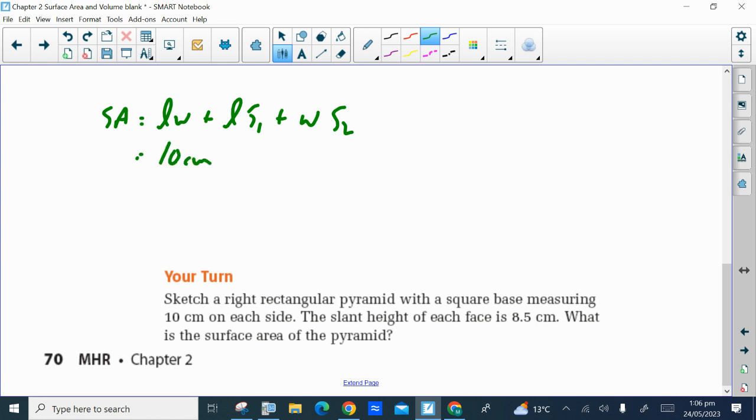So again, the base is 10 centimeters on both sides. Our length and width are both 10 centimeters, plus our length of 10 centimeters times the slant height of 8.5 centimeters. And the other term will be the same. The width is also 10. The slant height 2 is also 8.5.